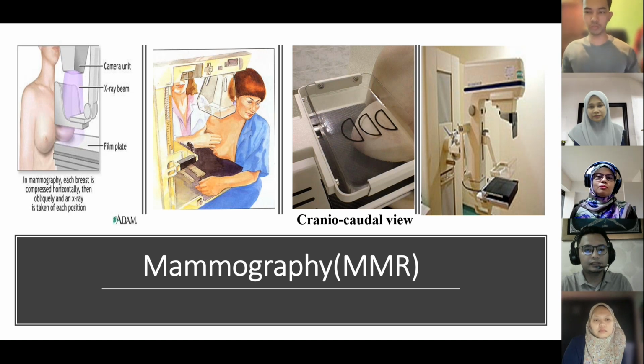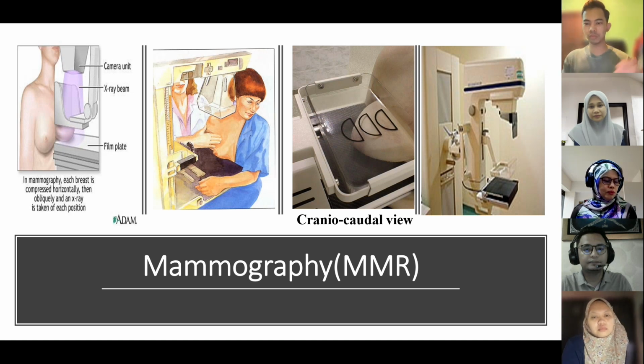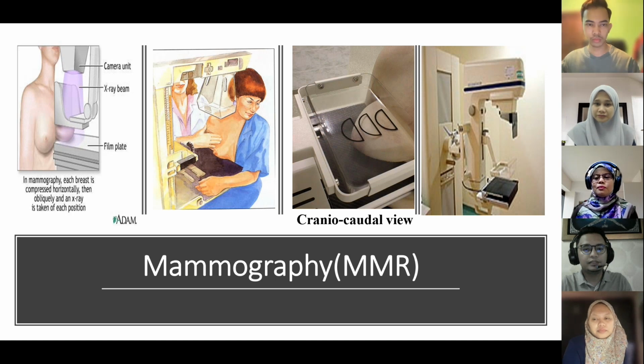This is a craniocaudal view from up front. We can view it, and then this machine will capture our breast.